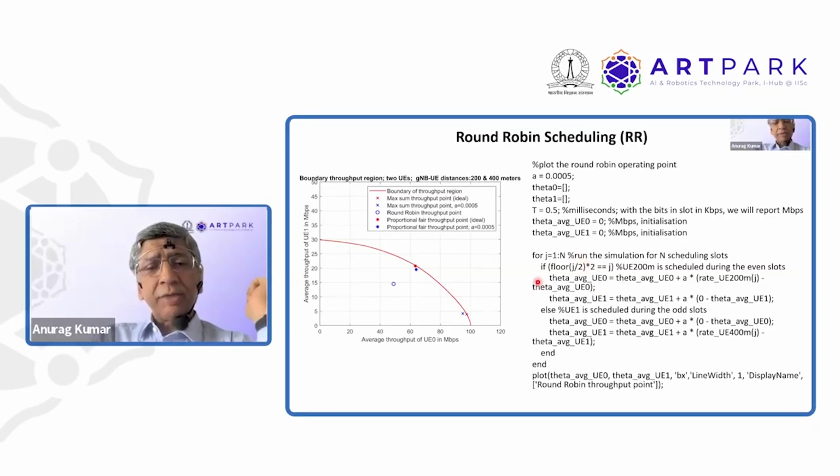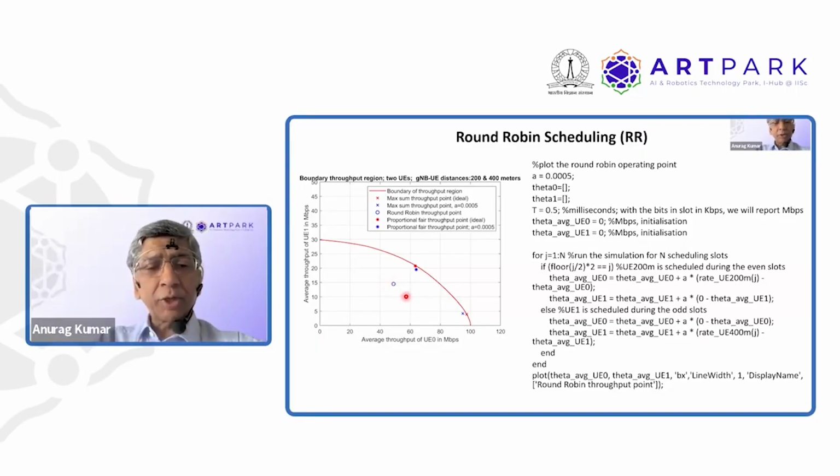I showed you here that for the same example, we got this point for maximum sum throughput scheduling and this point for proportional fair scheduling, and we got this point for round robin scheduling. If you look at many default schedulers available in free or open source software, often the only thing they implement is round robin scheduling.